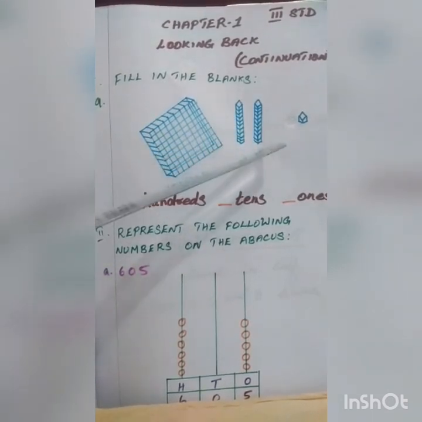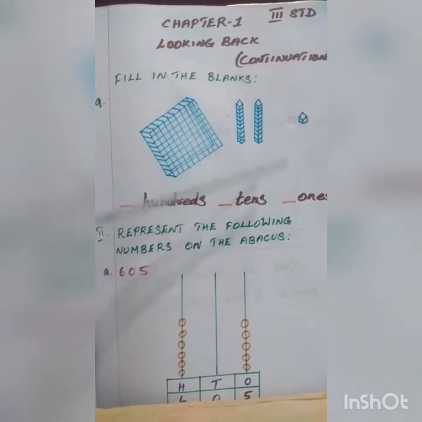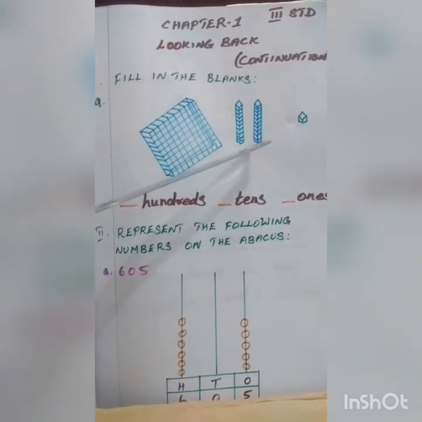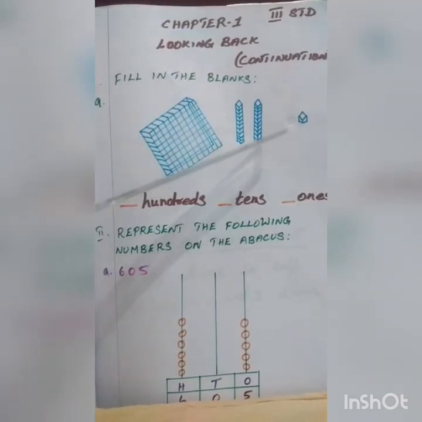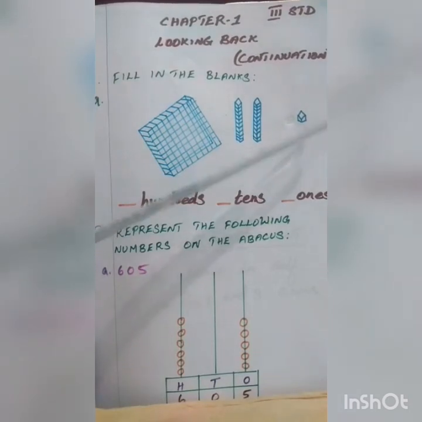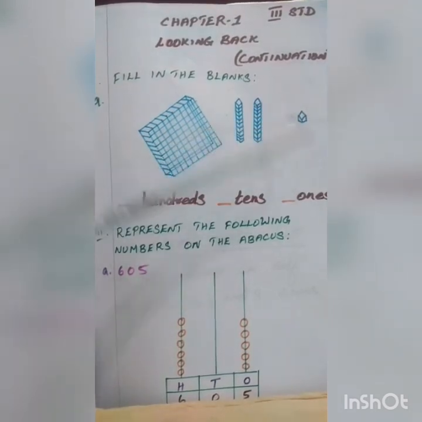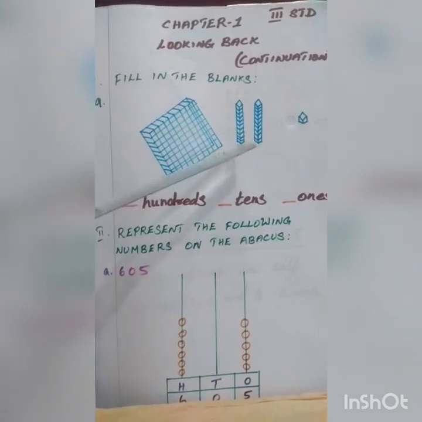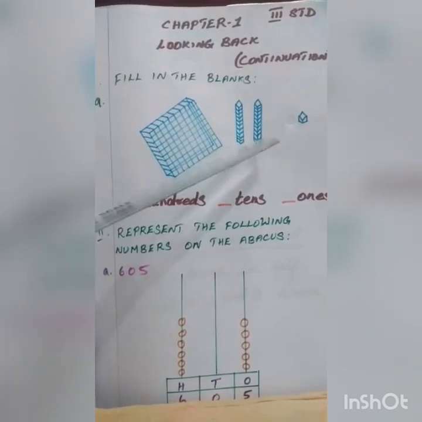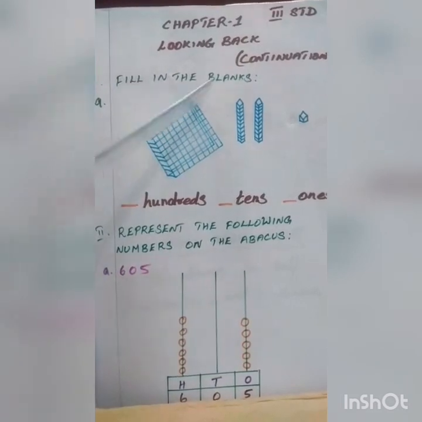This indicates 10. So in this picture, how many tens are there? Two rod shapes are there, no? Each one indicates one tens. This one indicates one ones. Okay. So in this one, how many tens are there? Two tens are there. So like that rod shape, one sheet-like structure is there, no?